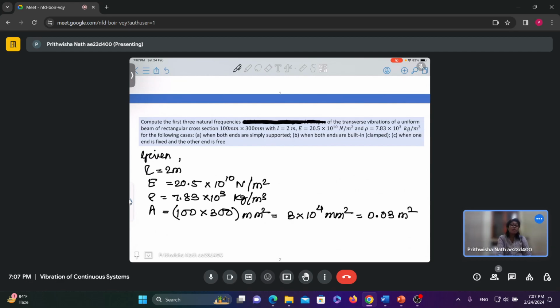So we need to find this for 3 cases. First for simply supported beam, second is for when both the ends are built in, and third one is when one end is fixed and another end is free.